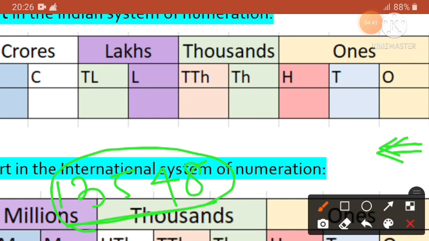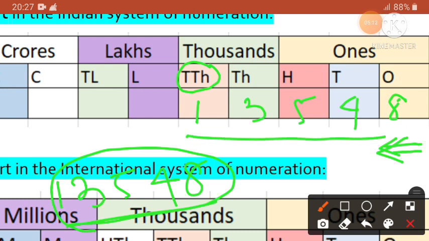The number is 1 3 5 4 8, so 8 goes under the 1's column, 4 in the 10's column, 5 in the 100's, 3 under 1000, and 1 under 10,000. TTH means 10,000: T for 10, TH means 1000. So we have placed the 5 digit number in the chart.